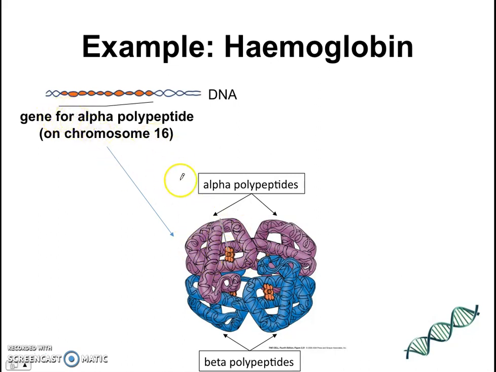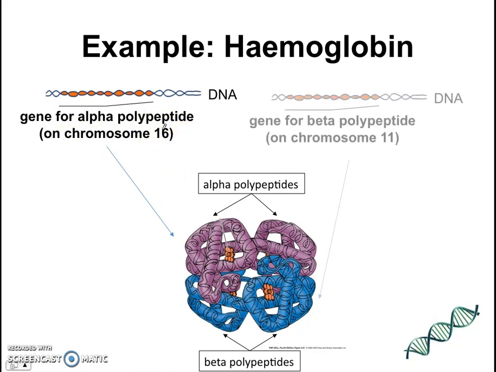The gene that gives the instructions for this alpha polypeptide is found on chromosome 16. The gene for this beta polypeptide is found on chromosome 11. Right? So you actually have 2 genes. One gene makes the alpha polypeptide, one gene makes the beta polypeptide, so that together the polypeptides will come together to form hemoglobin.